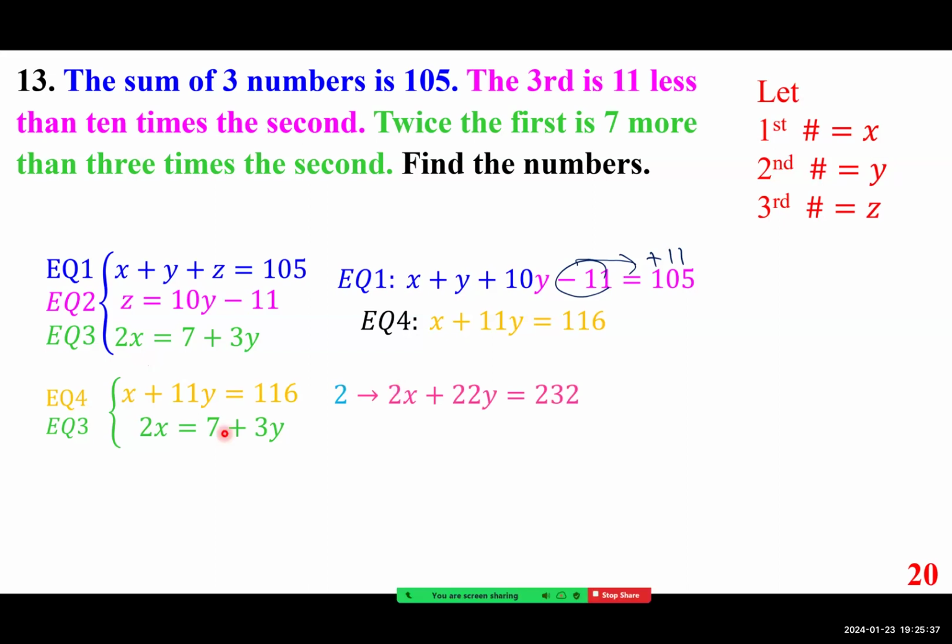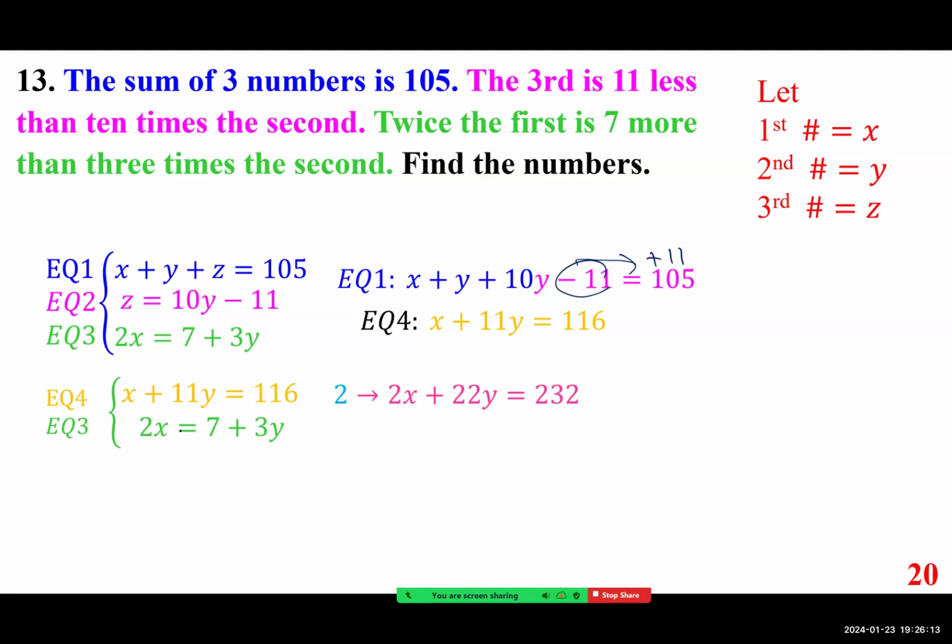And since 2x is 7 plus 3y, I can do the substitution. So what I'm doing on purpose, I'm using a different method, combining elimination and substitution, because when you have a 3 by 3, you can use anything you want and invent something if you want to combine things. So I can replace the x with 7 plus 3y. Replace the 2x.